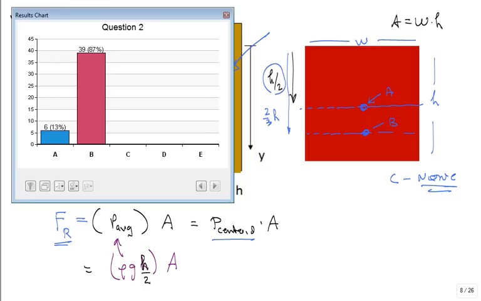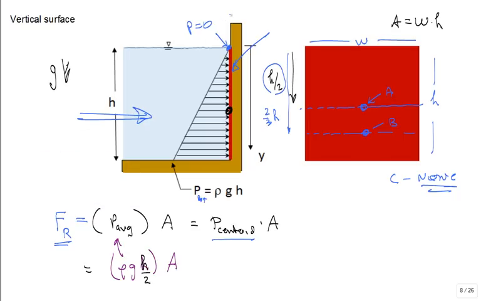All right, so let's see where we're at for responses. Well, we're pretty good. We're 87%, but 6 people and 13% of the class think it should be put at the centroid. But you don't put the resultant force at the centroid. Where do you put it? Because it's a distributed force field that's not uniform, it's triangular shape, you put it 1/3 from the base or 2/3 from the top.